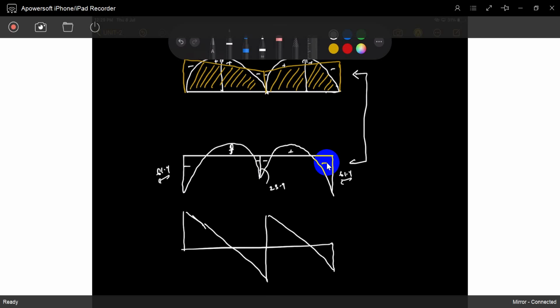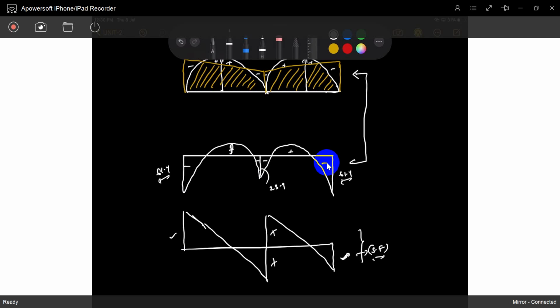This is the shear force diagram. Both values are equal because of symmetry, na? This value also is equal. So most probably this is the shear force diagram. Okay, understood? That is the shear force diagram.